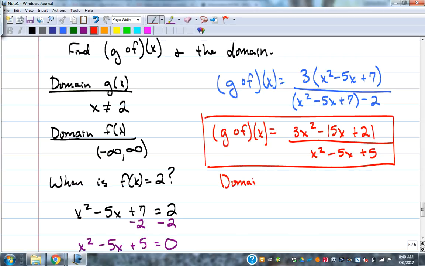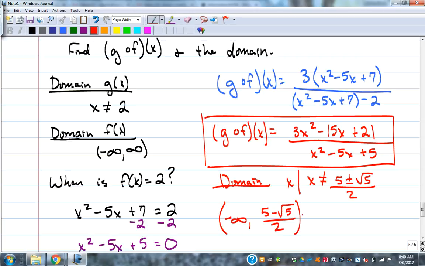Domain. X can't be, we already know what it is. We've already done the work. Now for the interval notation of that, it's a little bit more difficult, but it's negative infinity up to the smallest one, which would be the subtraction one, 5 minus the square root of 5 over 2.